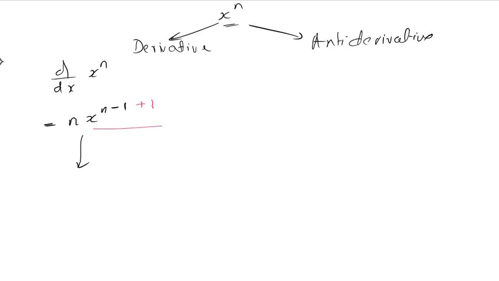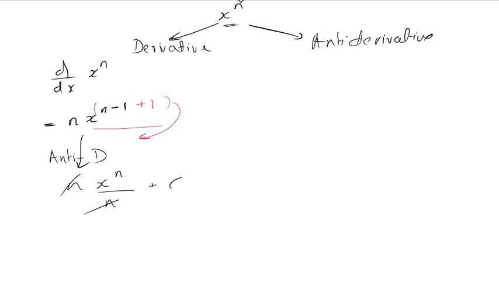So we will get n times x to the power n, divided by n. That is because these cancel off, we get x to the power n divided by n plus c. So there you go, we get x to the power n back.